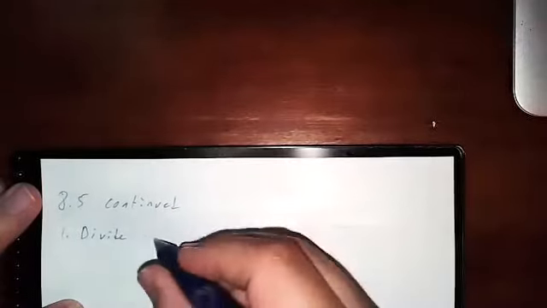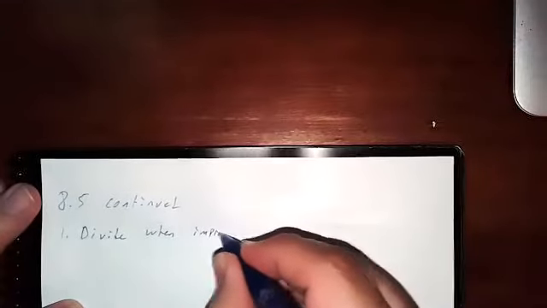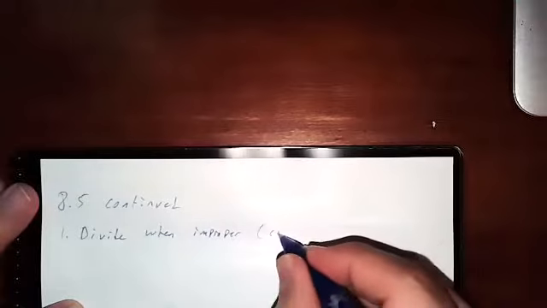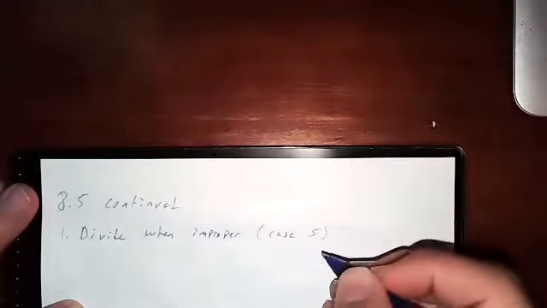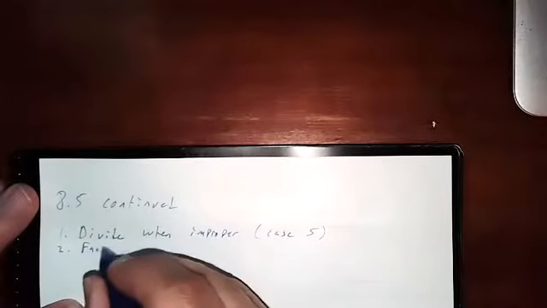So first step is, this is just a quick summary. Divide when improper, so that's case 5, in that sheet that I gave you. Number 2, always factor the denominator.